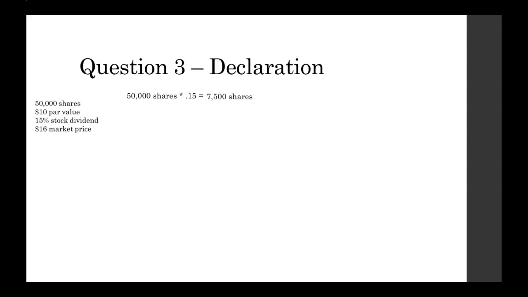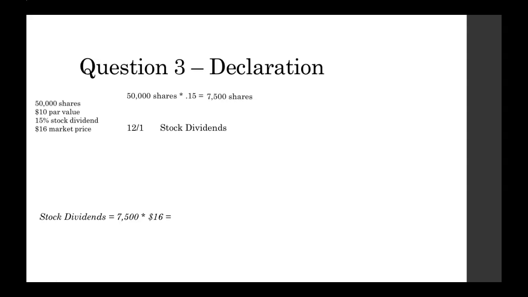So you declare a stock dividend. What does that entry look like? Well, we're first going to debit stock dividends. Now, how do we figure out the amount for stock dividends? Well, we take our number of shares in the dividend, right?